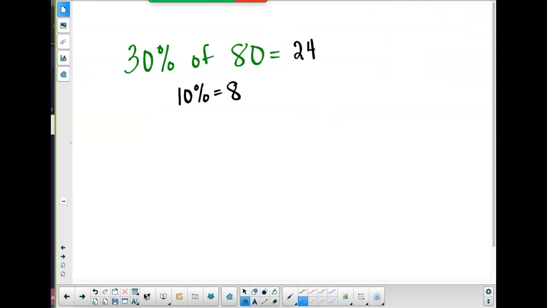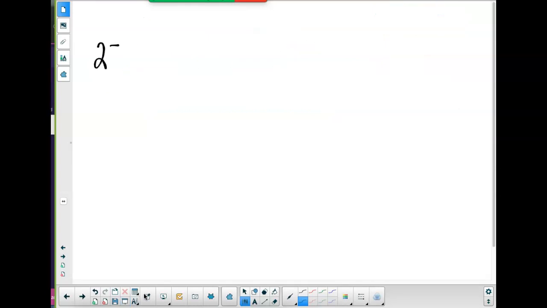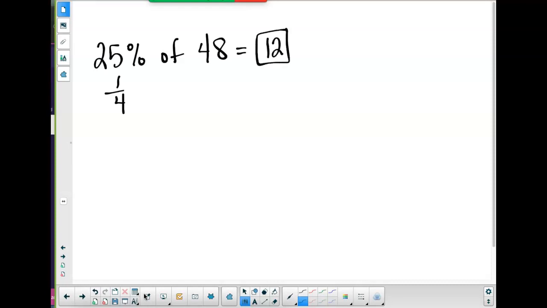So let's say I want 25% of 48. Okay, 25% is just 1/4. So I'm going to divide by 4. It would be 12. 25% of 48 is 12 because we just divided by 4.